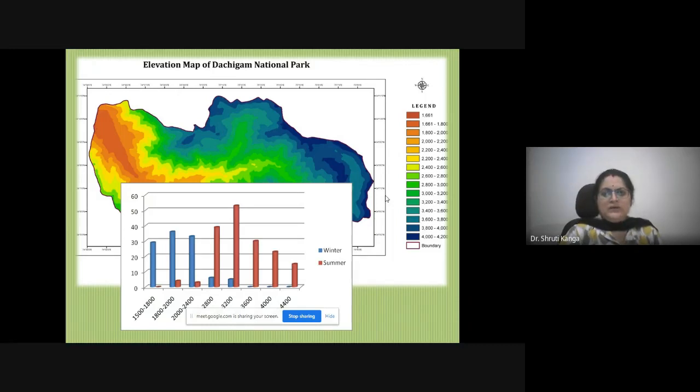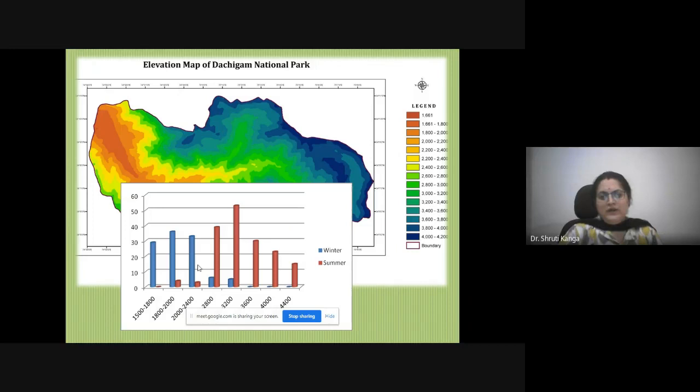So the data of their point existence has been plotted over this. You can see that in summers, their existence is between 2800 and 4400 meters of elevation, but in winters the signs exist at 1500 to, you can say, 2500 meters.